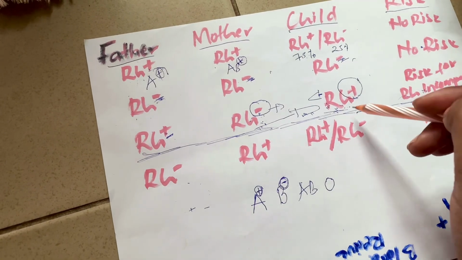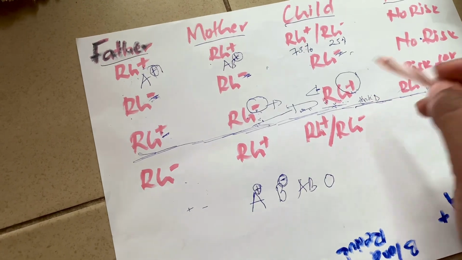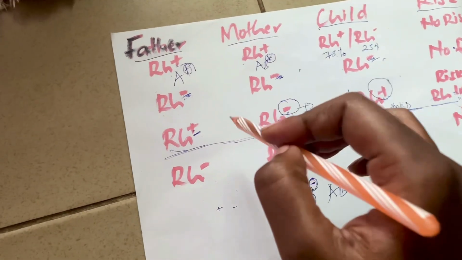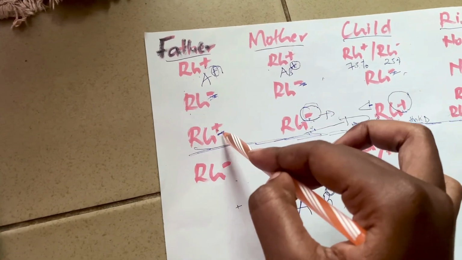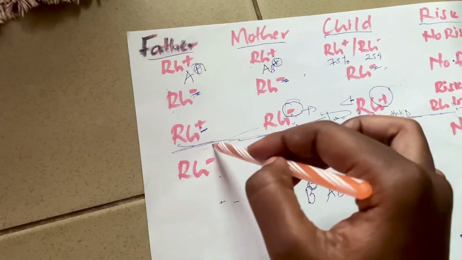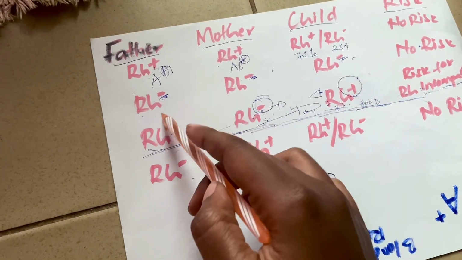Like, for example, if you have not been given the anti-D injection, you're going to lose this baby. So here, if a woman is negative and the man is positive, don't get married to each other. Let this woman look for a negative.